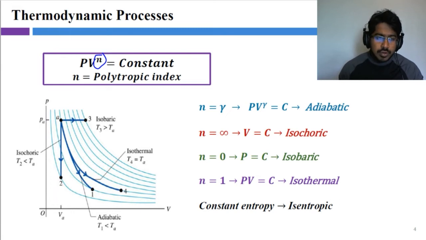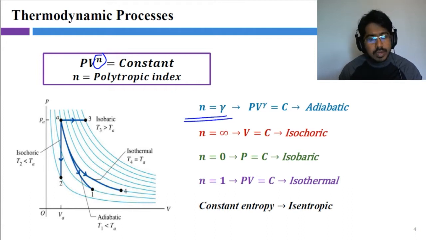If the polytropic index is equal to gamma, n equals gamma, then that process is called an adiabatic process. We know the other characteristics of an adiabatic process: there will be no heat transfer across the system boundary, right?